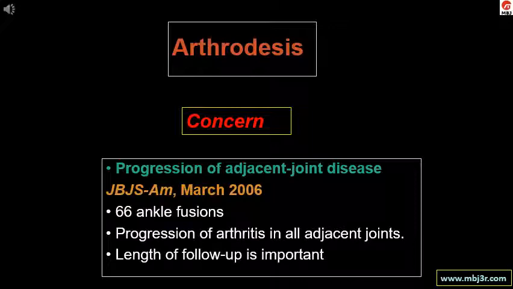However, Thomas et al. found that only 4 of 26 patients developed subtalar arthritis during mean follow-up of 44 months. Obviously, the length of follow-up is important in identifying adjacent joint arthritis. 44 months is a very short period. Patients will definitely develop arthritis in subtalar and talonavicular joints in the long run.